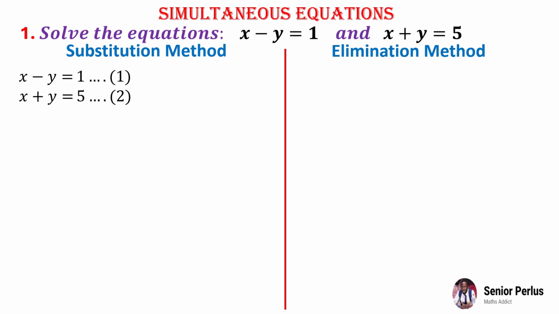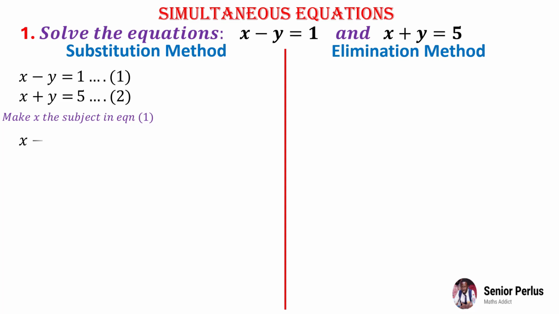For the substitution method, you will first make x the subject in equation 1, or you can make y the subject in any of the equations that you want. I'll make x the subject in equation 1. I don't want y because of the negative.